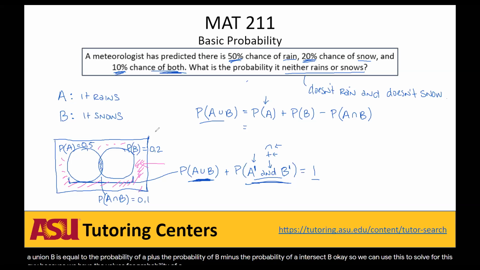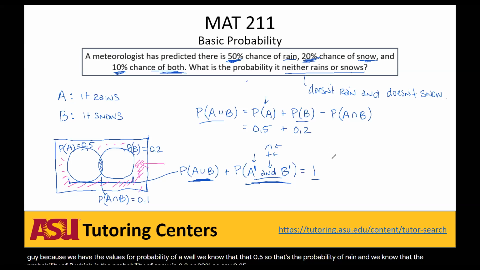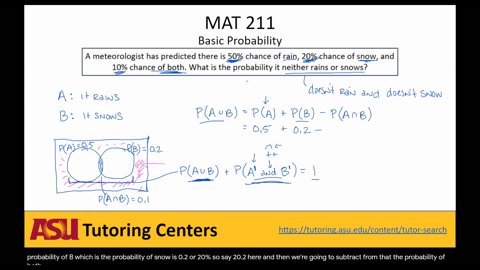The probability of A, we know that's 0.5. So that's the probability of rain. And we know that the probability of B, which is the probability of snow, is 0.2 or 20%. So we'll say 0.2 here. And then we're going to subtract from that the probability of both rain and snow, which is our 10% probability here, or 0.1. And if we do the math on that, this means that we end up with 0.6.